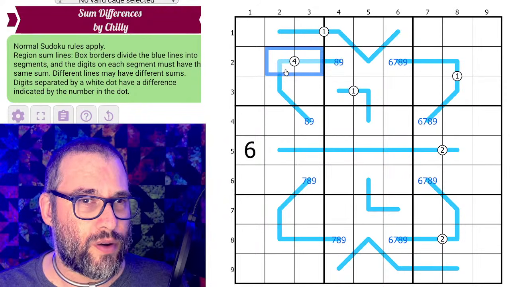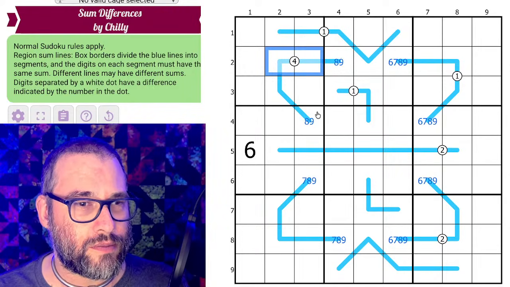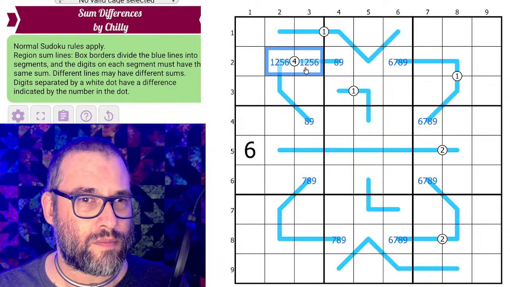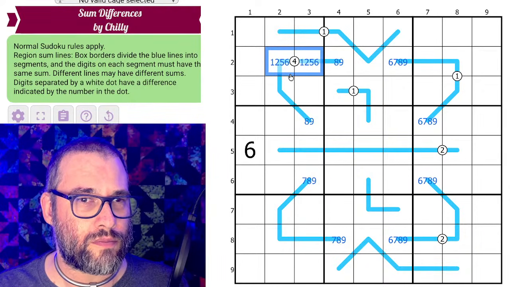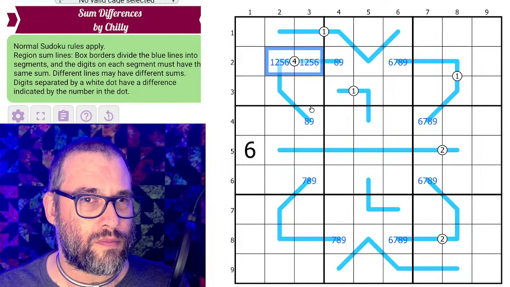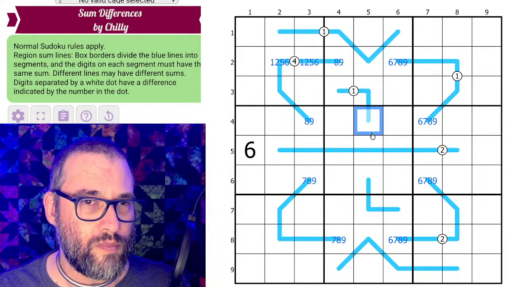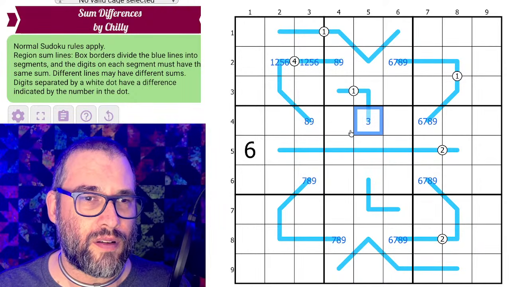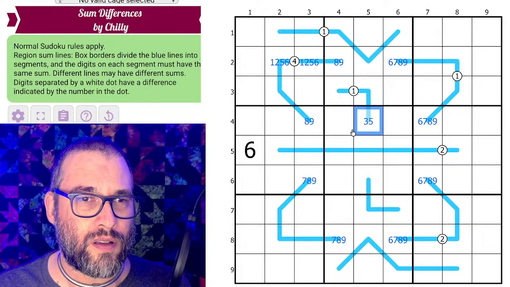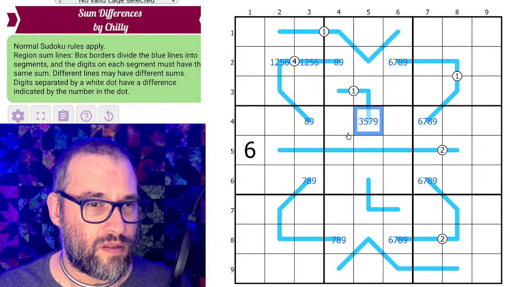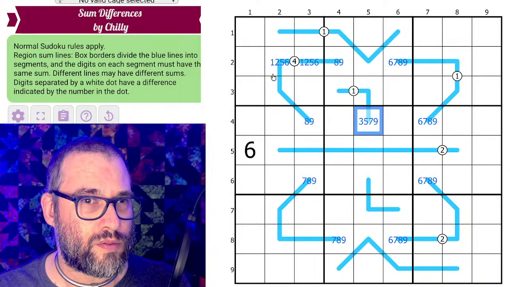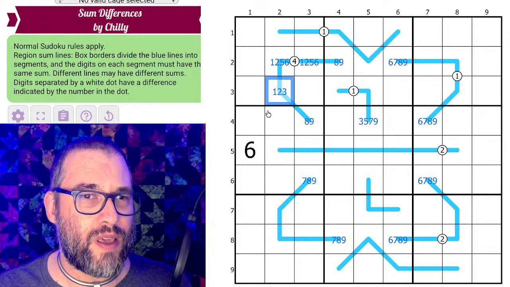Yeah, I guess these are only from 1, 2, 5, 6. We can use this to say this is odd. Right. This is going to have to be low.